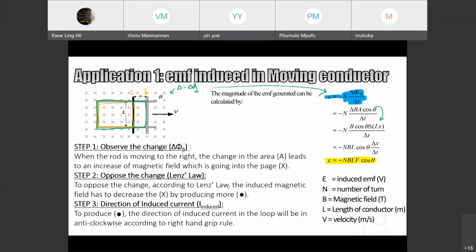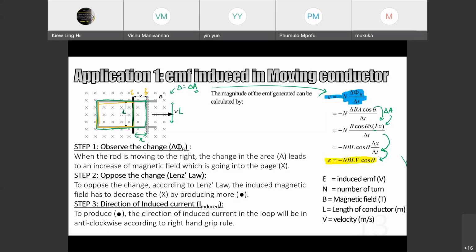Area is given by L, which stands for the length of the rod, times the amount of displacement. That is your change in area. When you further derive, you will get this. You won't be asked how to derive the equation, but you have to know which formula to be used.